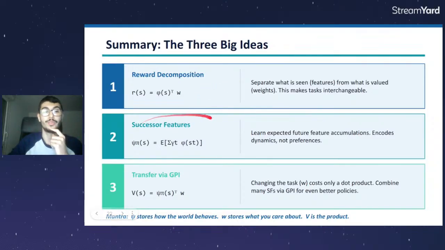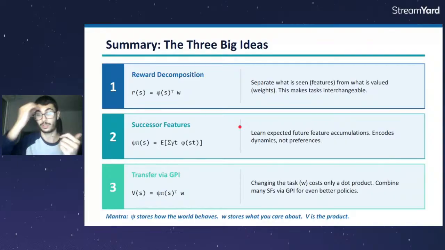We have the successor features, which is basically the expected discounted sum of future state features. And it's very similar to the critic, where it is the expected sum of the discounted rewards. So we only replace the reward function with phi of st, literally. And of course, it can transfer via generalized policy improvement or generalized policy iteration.